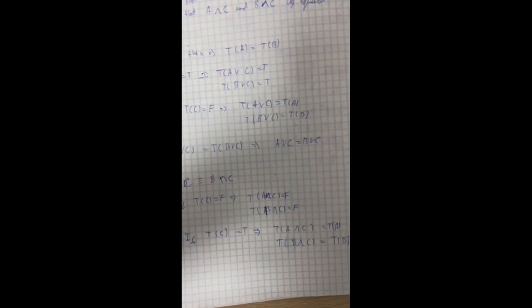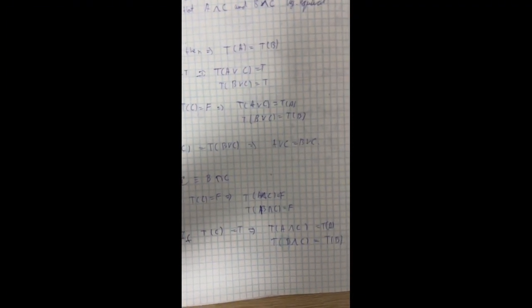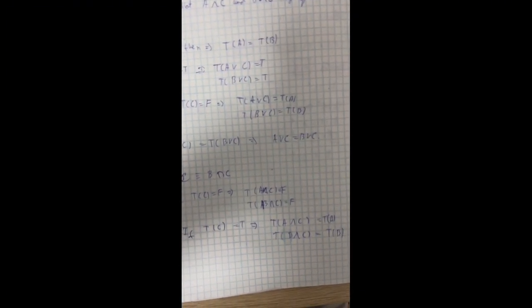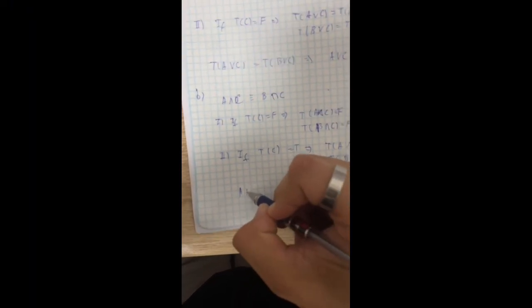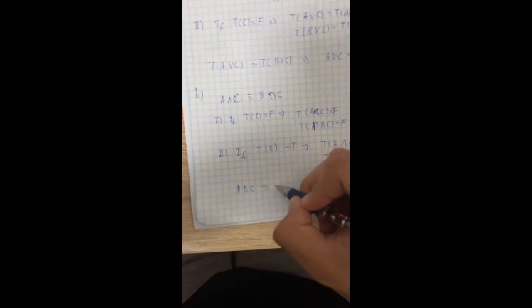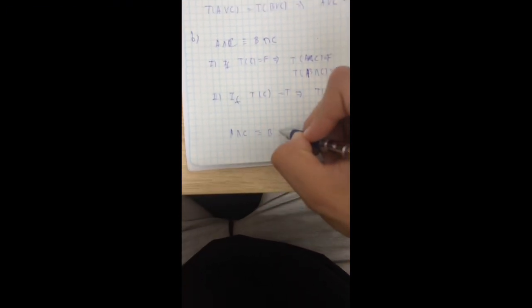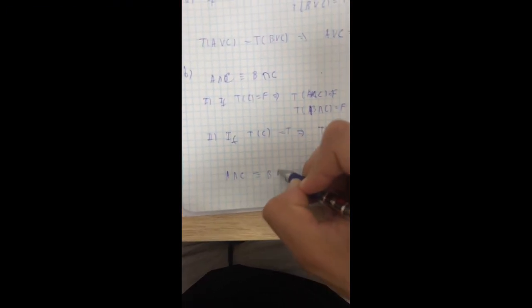Since A and B are equivalent by definition, both sides will have the same truth value. So that means that A AND C equals B AND C.